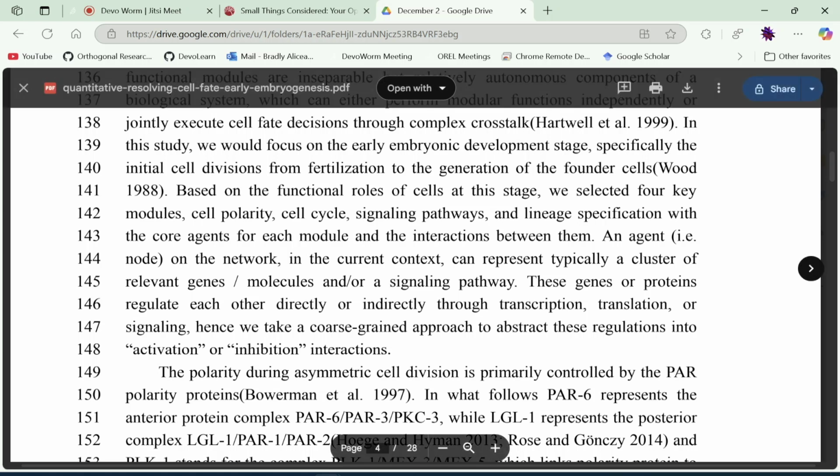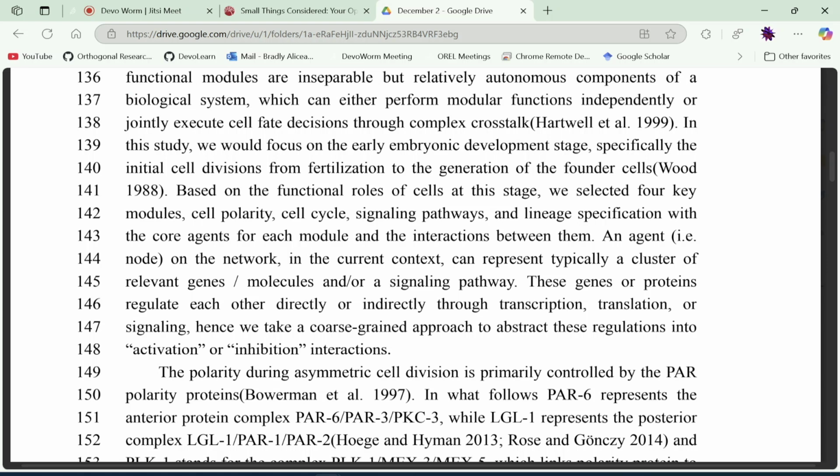So an agent in the current context can typically represent a cluster of relevant genes, molecules, and/or a signaling pathway. The genes or proteins regulate each other directly or indirectly through transcription, translation, or signaling. Hence, we take a coarse-grained approach to abstract these regulations into activation or inhibition interactions. So activation would be upregulation, inhibition would be downregulation.